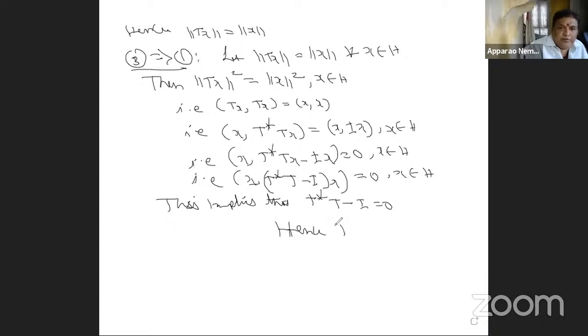Hence T star T equal to I. This completes the proof of the theorem.